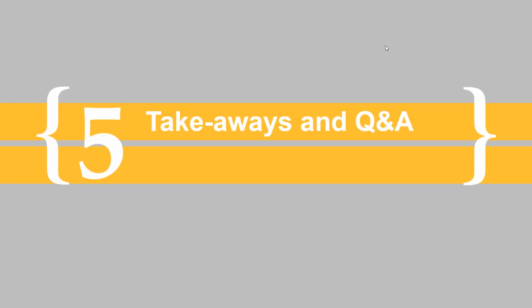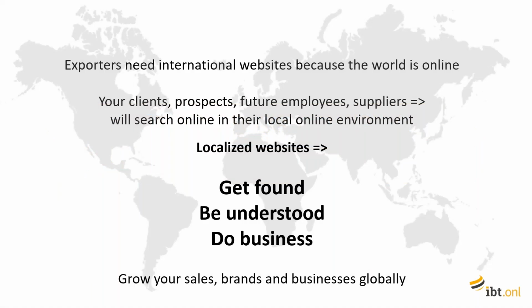So finally, just the takeaways, and then I can see that we've got a lot of questions actually. Takeaways in brief: from our point of view, as an exporter, as a company that exports, the world is online. You know that.